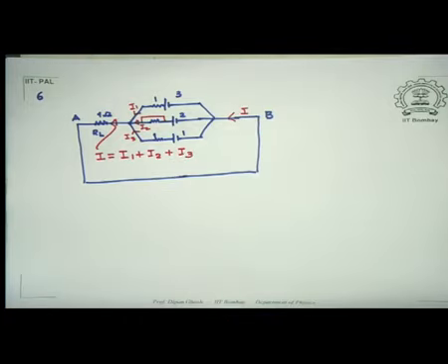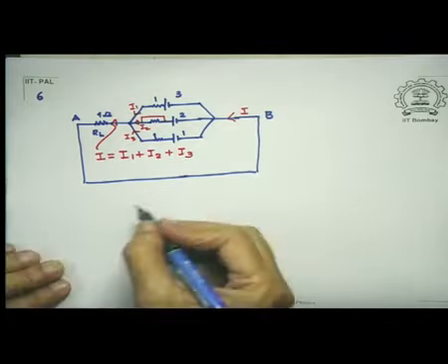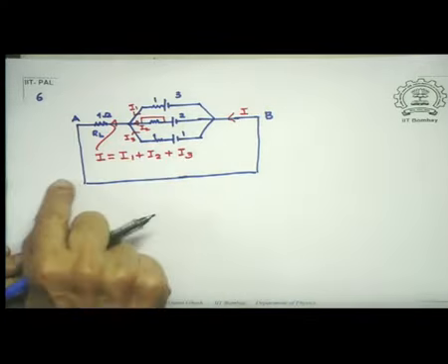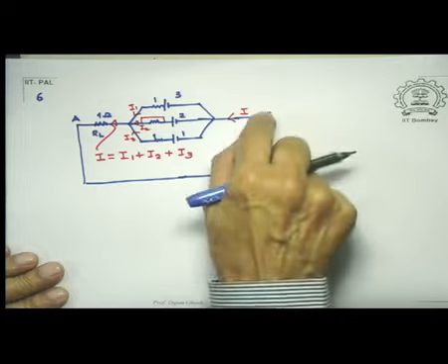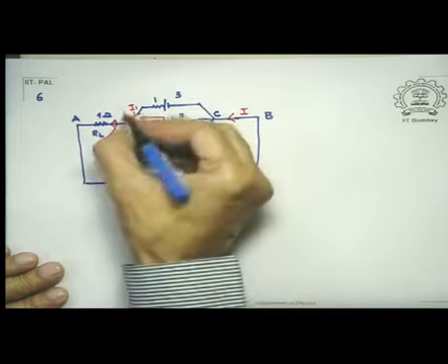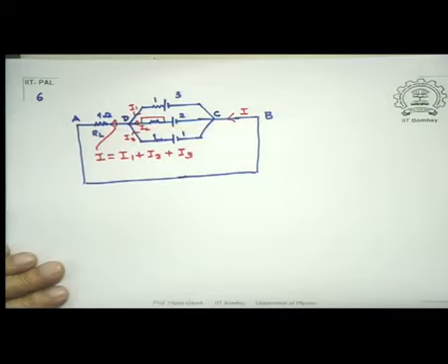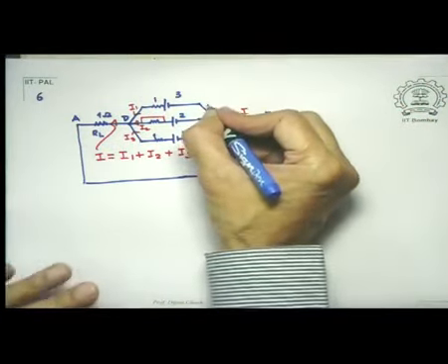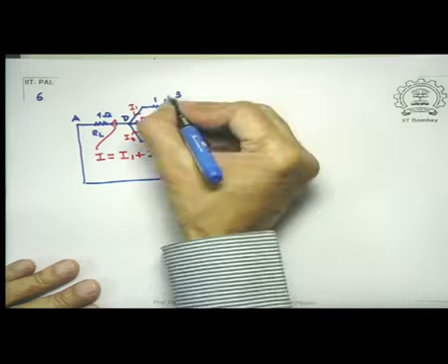Now look at what would happen if I took this path: A, go to B, go to C, go on the top line, come back to D and come back to A. That is a loop. We will be discussing loops as we go along. Firstly, since this is I1, I pick up an E1.